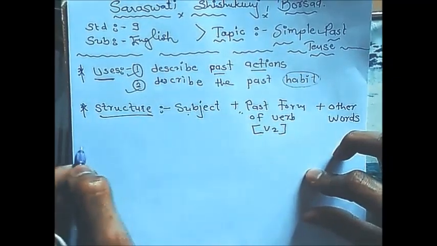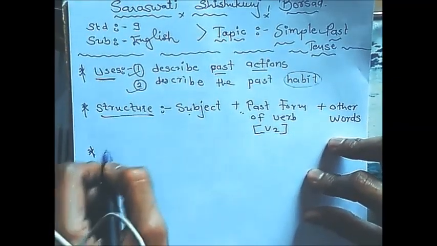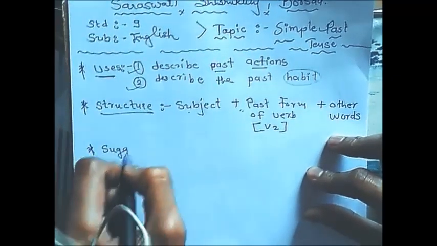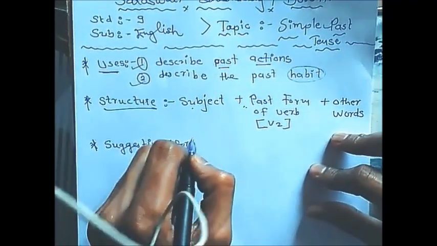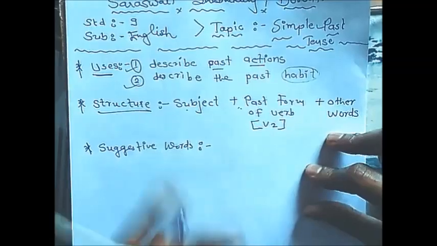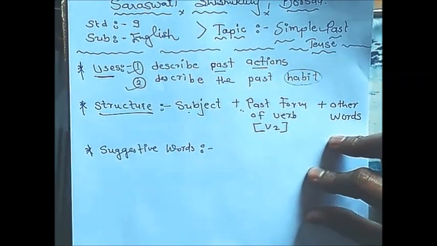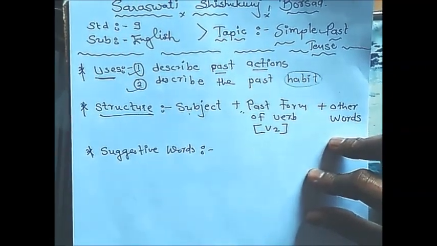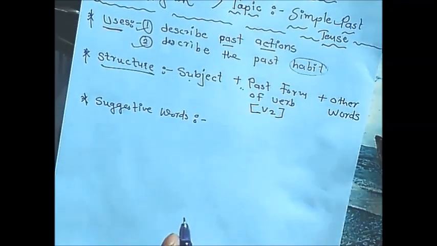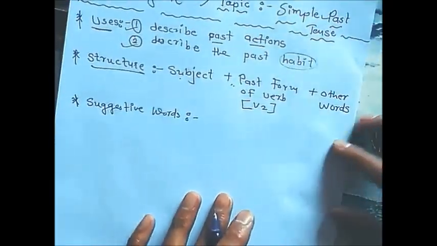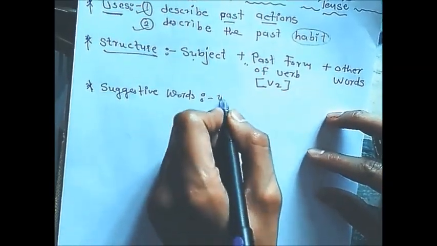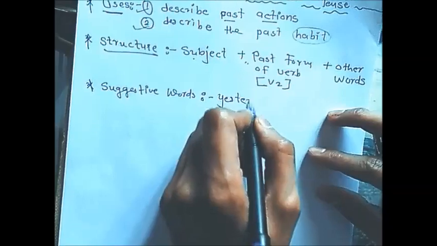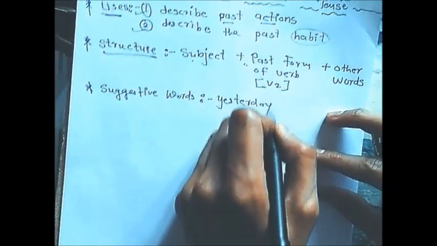Now let us come to the suggestive words, from which we can identify that this is of simple past tense. There are some words which suggest that this is of simple past tense. Let me write here. What can be those words? Yesterday, which talks about a completed action.